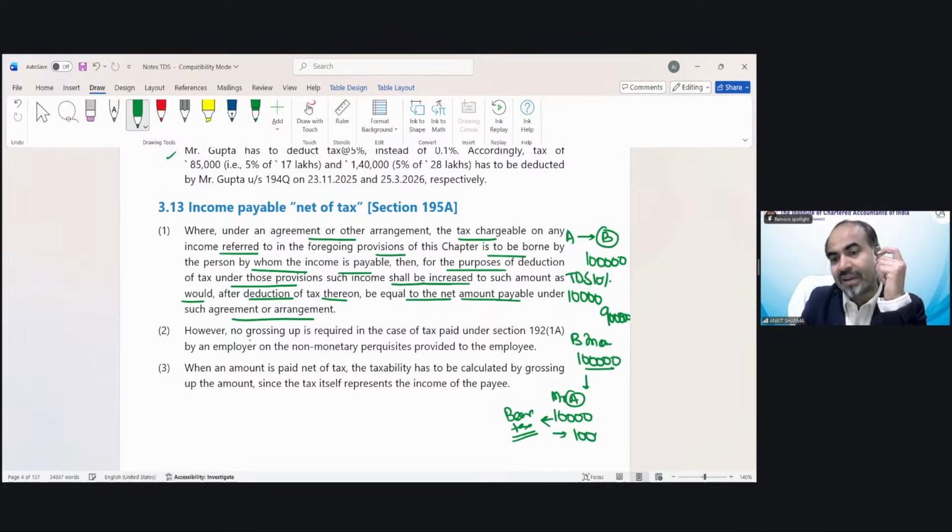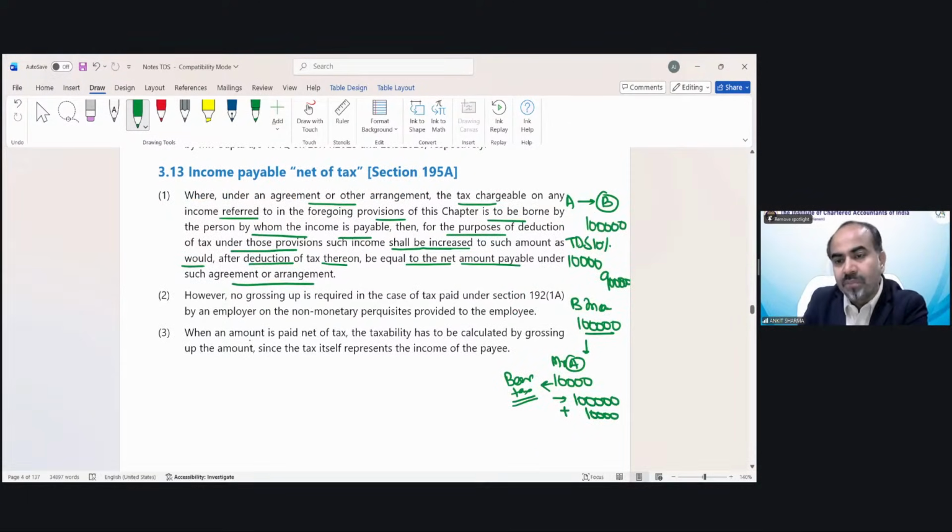He will receive 1 lakh rupees, because the TDS liability is going to be borne by the payer. If it happens, then we have to consider Mr. B's income not as 1 lakh, but as 1 lakh 10,000 rupees. Simple.